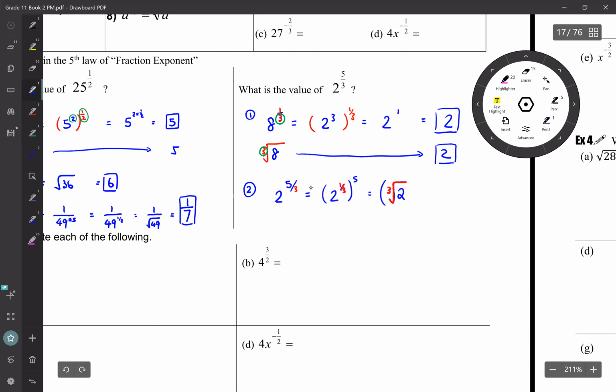So the 5 is outside. Okay, so take a look, right? 5 over 3 means having a cube root with a 5 on the outside. Same meaning, okay?